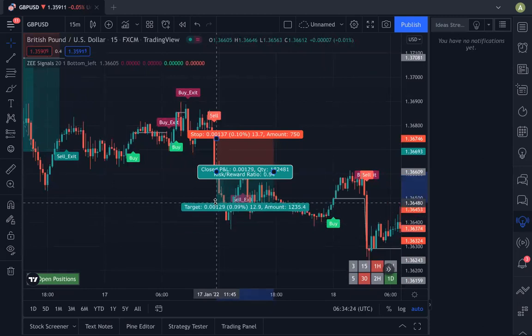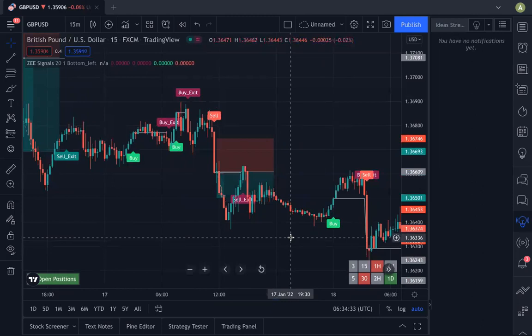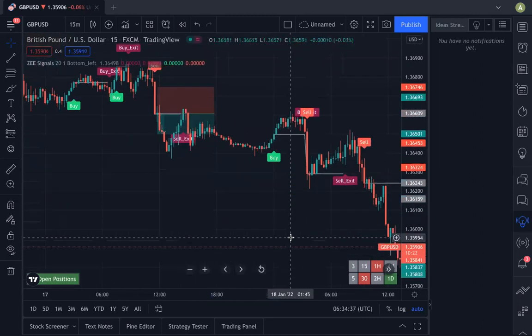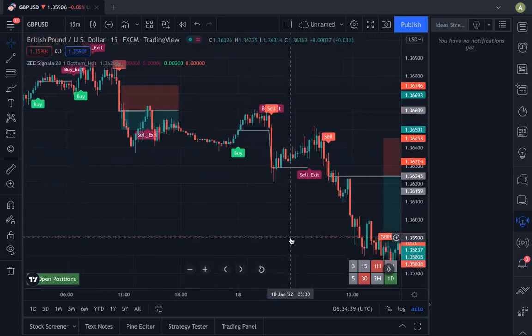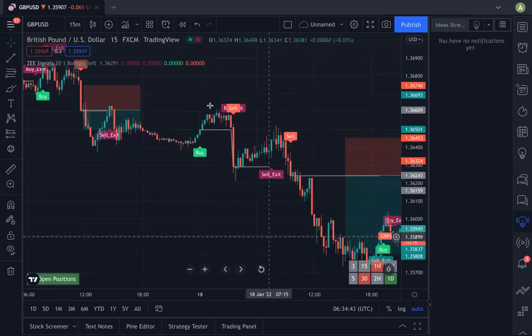But we are following this indicator. We are not trying to modify anything, unless you want to add your own trailing stop and break even. That will be a big help with this indicator, because with the right trailing stop and break even in place, looking at this chart, I don't see you making any loss.